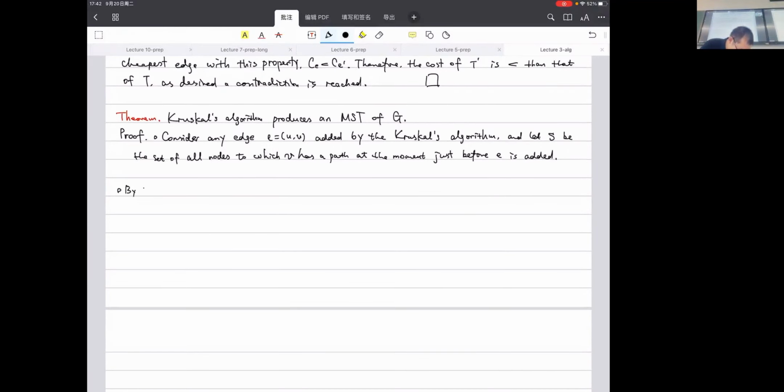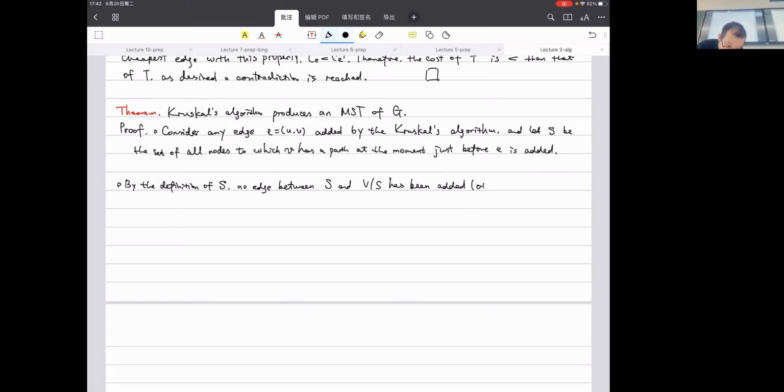And by the definition of S, no edge between S and V over S has been added. This is just due to the way we define S: the set of all nodes to which we have a path at the moment. Otherwise, S could be bigger.